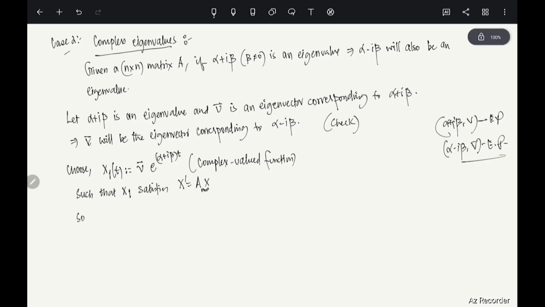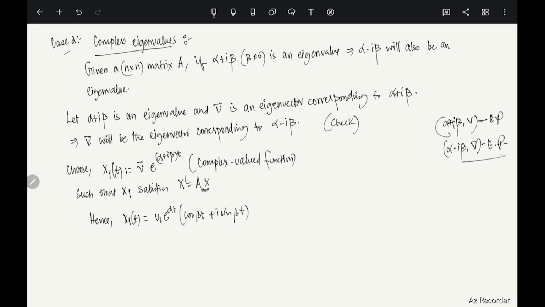So now x2 of t, if we define x2 of t, let us put it this way. Hence x1 of t is v1 e power alpha t times cosine beta t plus I sine beta t.